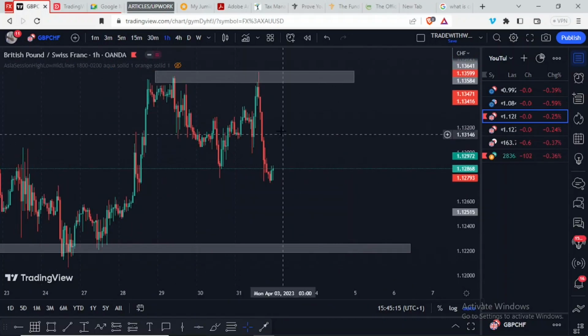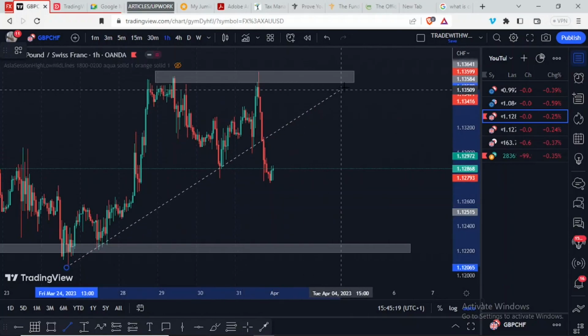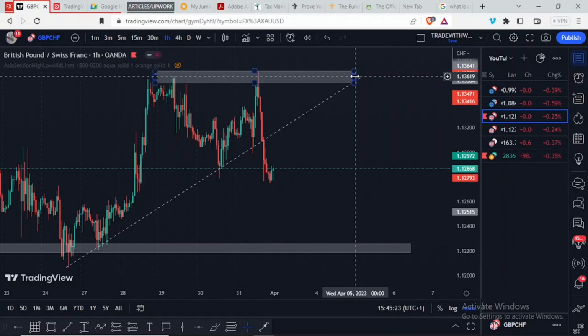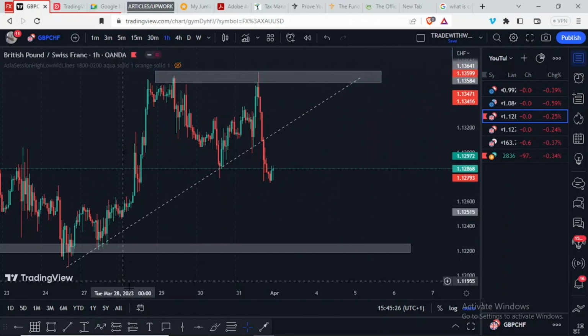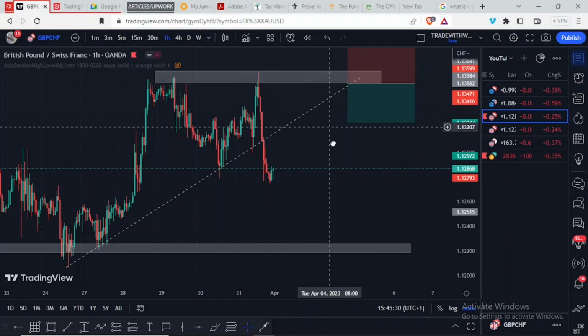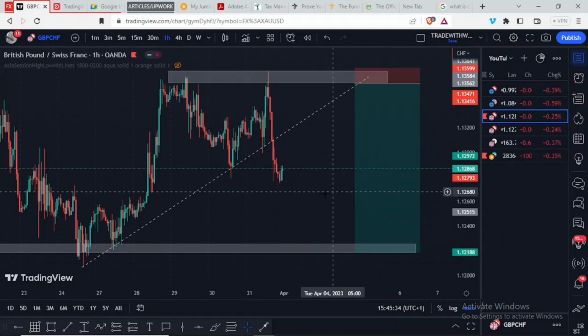Now for next week, let's go back again. This is a trend line, as you can see. For sales here, I'll be expecting price to react from here and then sell off.